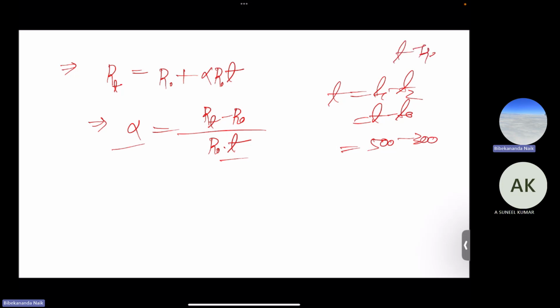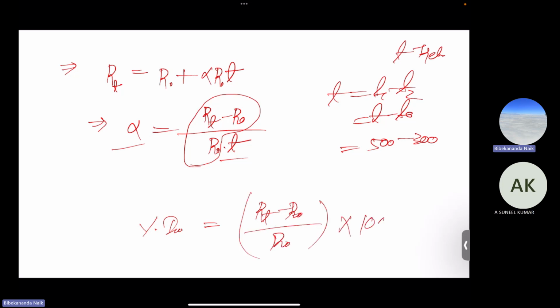The percentage change in resistivity is nothing but RT minus R0 by R0 into 100. So alpha and delta T we know, we just need to find this value, and if you multiply by 100, it will be the percentage change of the resistivity with temperature.